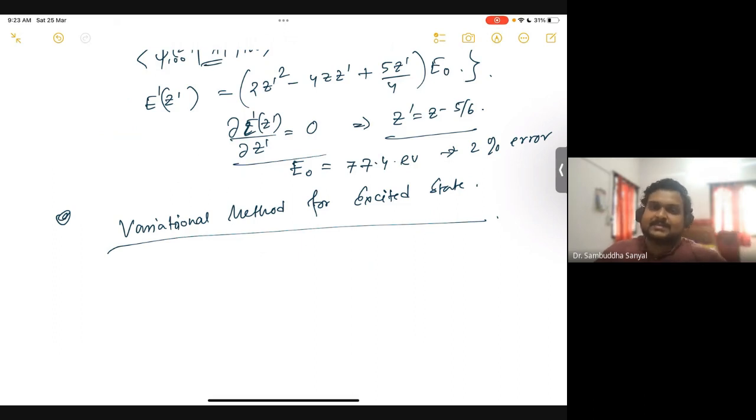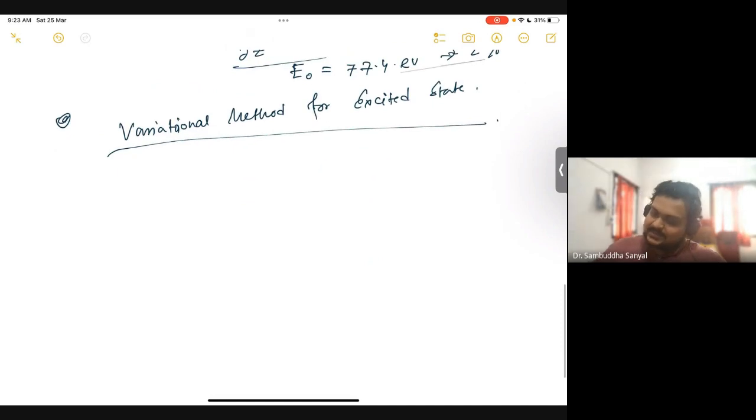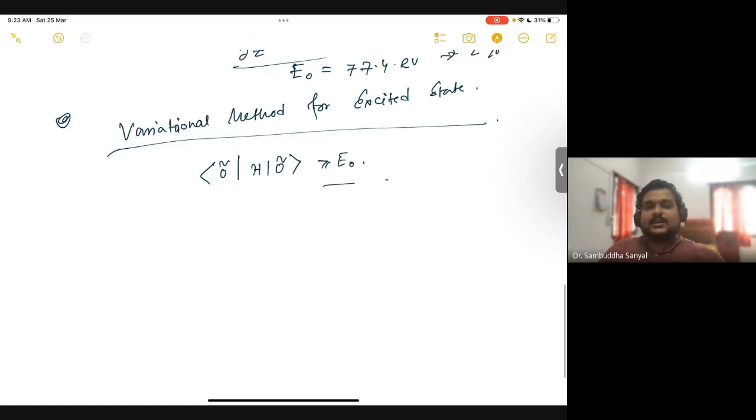So let's say I have the ground state ansatz. The ground state ansatz is bounded at the bottom by E naught, which is the ground state energy. Now let us consider a state for which the overlap with psi 0 is 0, which means this state is orthogonal to the ground state, right? So that means it has to be one of the excited states.